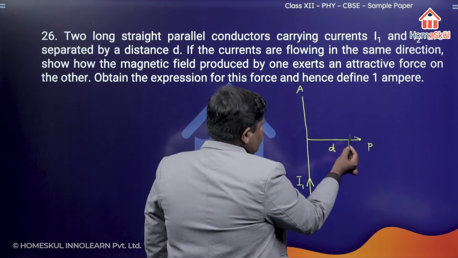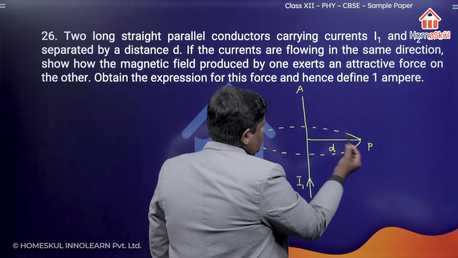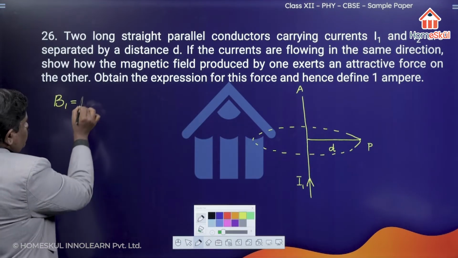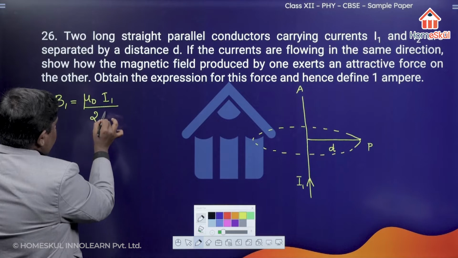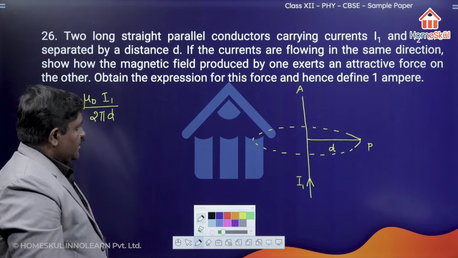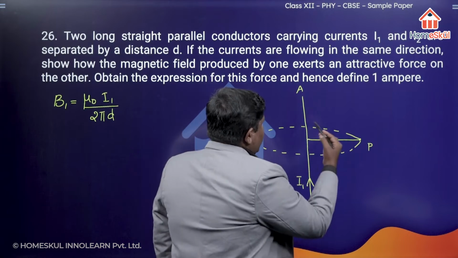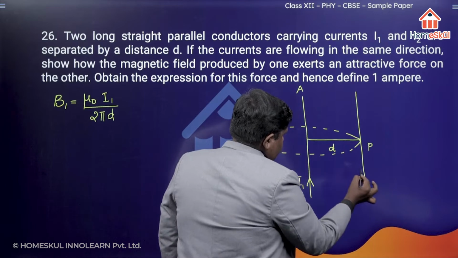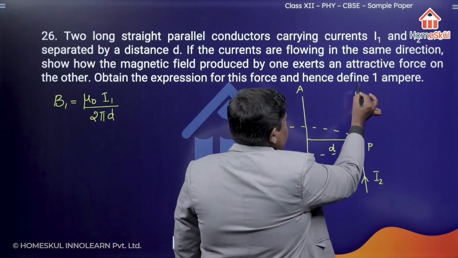Therefore, the magnetic field due to this current carrying conductor at point P is given by B1 is equal to mu 0 I1 by 2 pi d. Now we are going to place another conductor at point P, carrying current I2 in the same direction. Let this conductor be B.